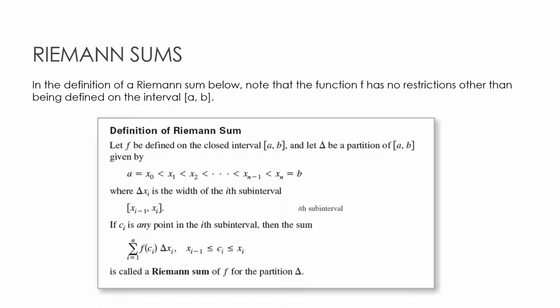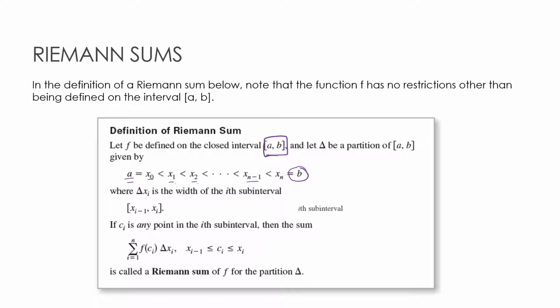So let's take a look at the Riemann sum definition, which is going to put together things that we've already talked about. We have a function that is defined on the closed interval from a to b. Essentially, a is my left-hand side, and then as I move to the right, this is not the width of the interval, but the position of the interval. So I'm listing my x values from least to greatest, in order, and my right-hand side would be whatever b is.